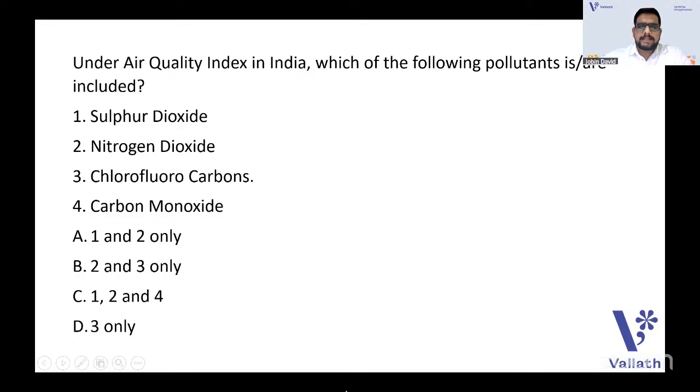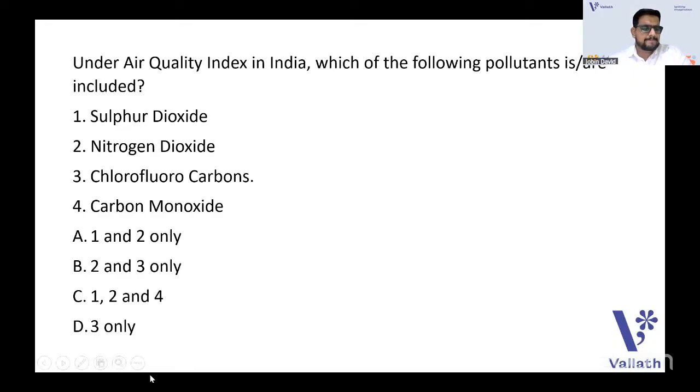Under the air quality index in India, AQI. Recently, after Diwali, you could hear about the air quality index in different states and regions, mainly in Delhi and North Indian states. Also in Kerala, it was very bad after Diwali. Which of the following pollutants are included? Sulfur dioxide, nitrogen dioxide, chlorofluorocarbons, and carbon monoxide.